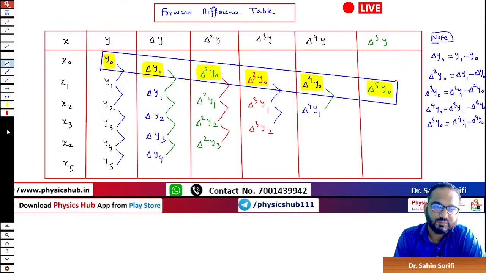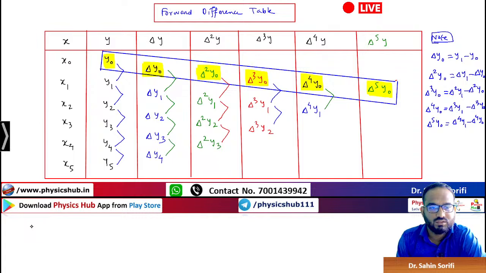Now in Newton's forward interpolation formula, there are two requirements. First requirement is that the interval between any two values is equal. You can keep it like a note or condition.